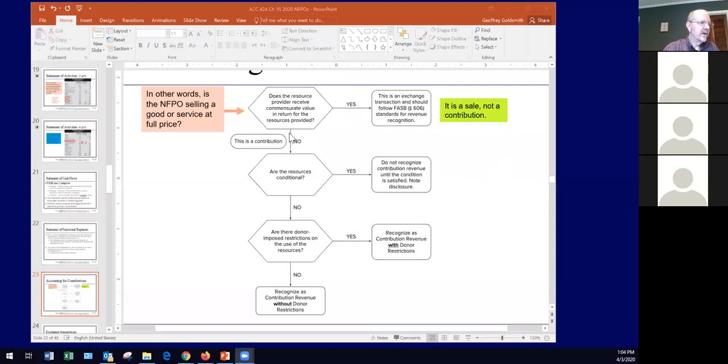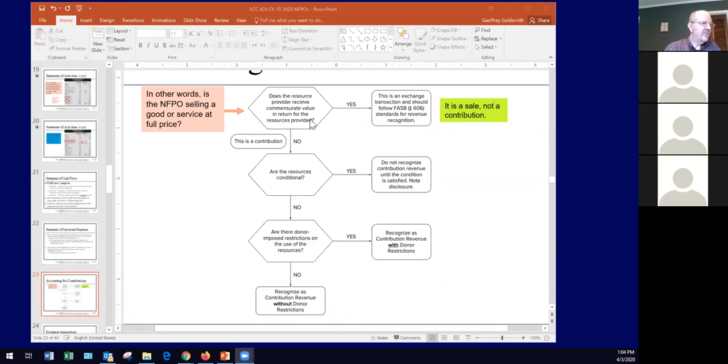Okay, so that is an accounting way of asking the question if they're selling goods or services at full price. If the answer is yes, then it's a sale, not a contribution. And FASB 606, section 606 in the codification, gives the standards for revenue recognition, and they would be followed.